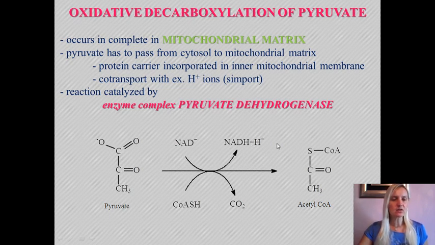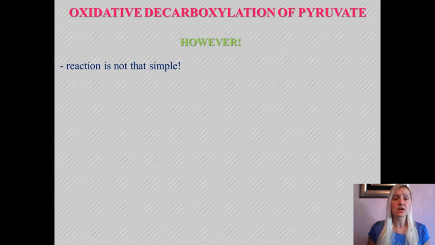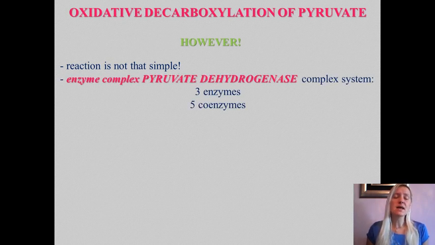So if you take a look at this reaction, it looks rather simple. However, in biochemistry, this reaction is not that simple. On the contrary, this is the enzyme complex of pyruvate dehydrogenase, which is a complex system containing 3 enzymes and 5 coenzymes.